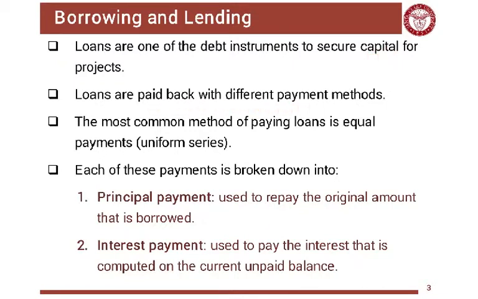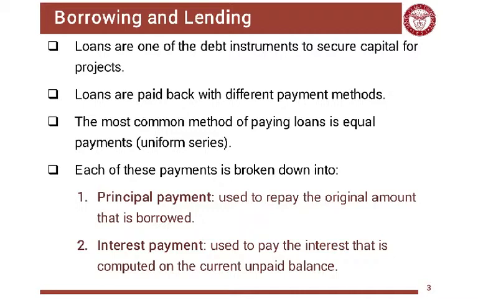So loans here are paid back in different ways, and you can agree on whatever agreement you have with the bank or the entity that gives you the loan. But the common way is just equal payments back over a period of time, and these equal payments are calculated based on whatever interest rate is in the agreement.